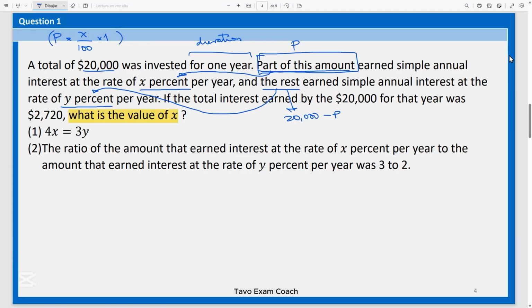And what is the interest earned by the other part of the $20,000? Well, the other part of the $20,000 would have to be $20,000 take away P. Okay, so that's the second amount.